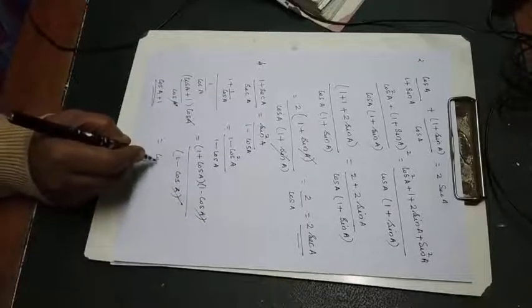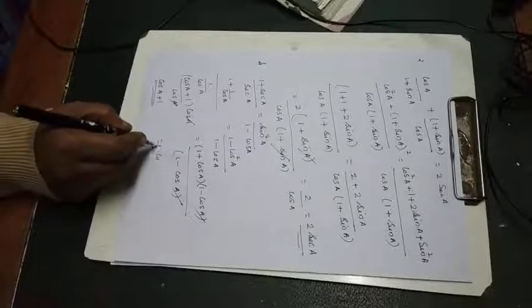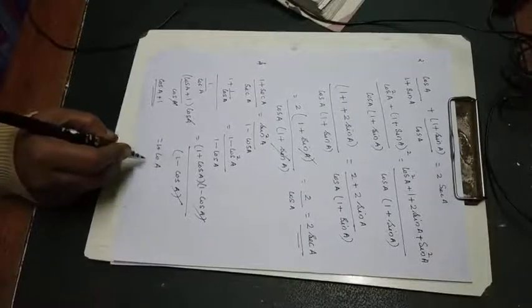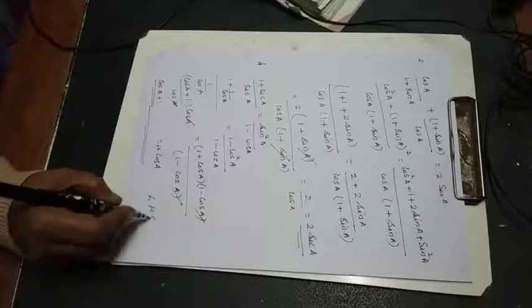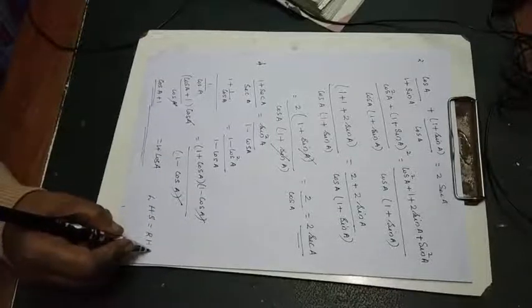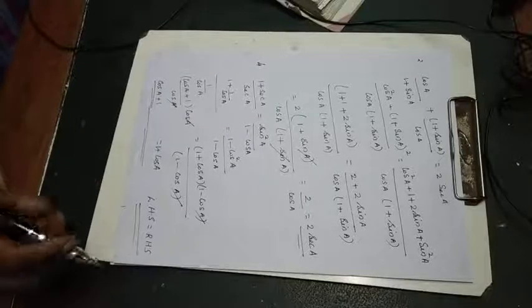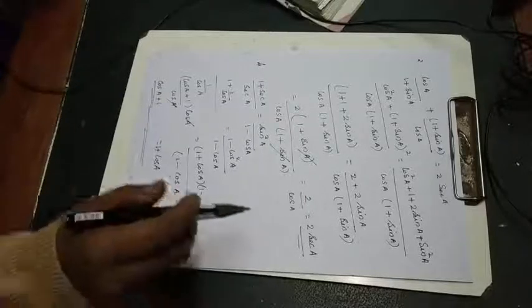Here also you are getting 1 plus cos A. So both sides LHS is equal to RHS you got. Both sides are equal. So that's how we have proved that fourth one.